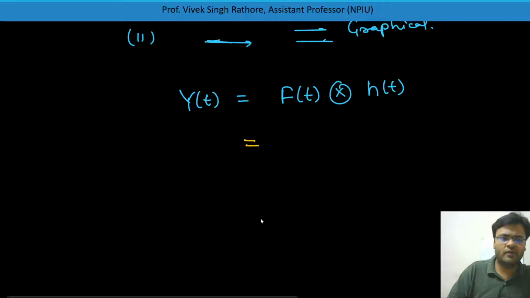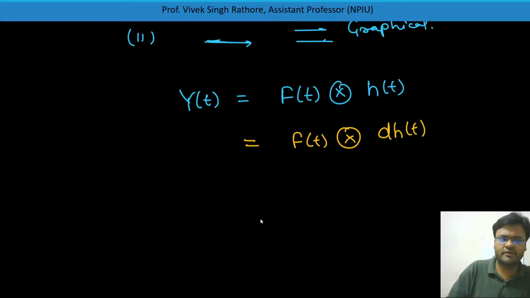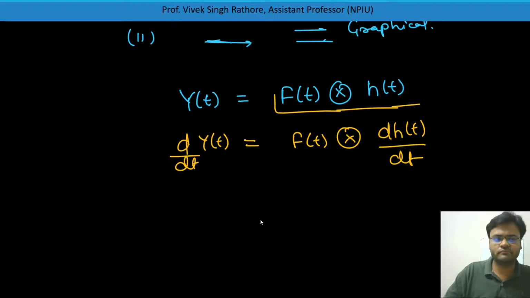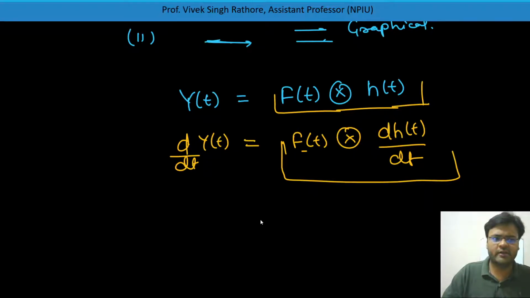If we are doing differentiation in any of the signals, let's suppose f(t) is there, and you differentiate dh(t)/dt, then one differentiation will also come in the output, dy(t)/dt. So if you are not able to do this type of convolution graphically, but you are able to do this type of convolution, then you can integrate it and you will get your output, because d by dt is there.